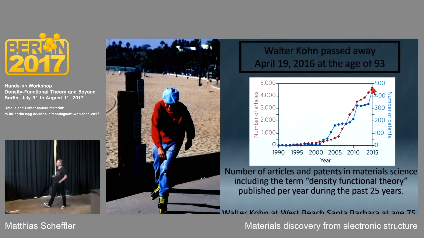What was really surprising in the graph, which was created by Science, is the blue curve. You cannot really have a patent based only on a theory, but here you see that patents use a density functional theory calculation as an additional argument. Something like 500 patents per year are using this. So you are in a very active field, and the Nobel Prize was given in this year, and you see this is really an enormous increase.